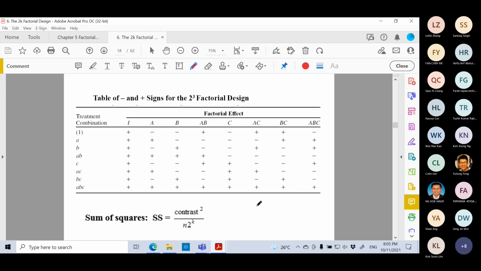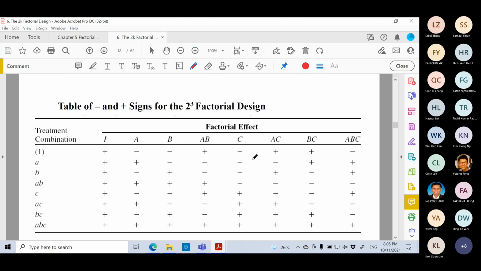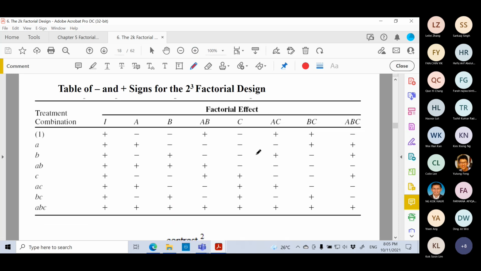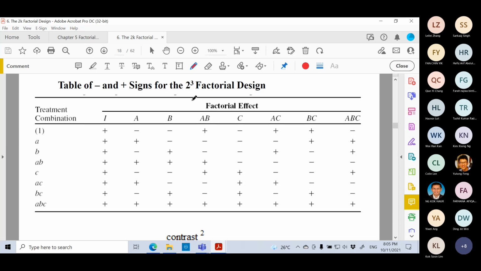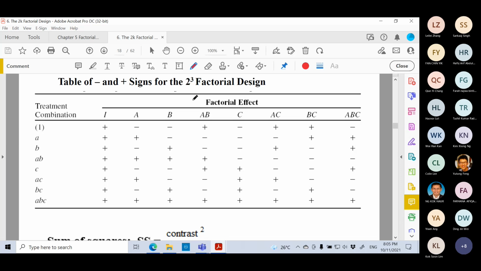This is another sign table, but now we are looking at 3 factors. Under the 3 factors, we can observe it. Just now I mentioned to you that when you put the plus and minus signs here, you need to follow the standard order. Because just now we studied only 2 factors, we had 1, then A, B, and AB only.